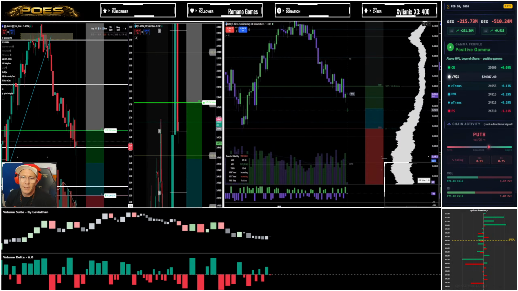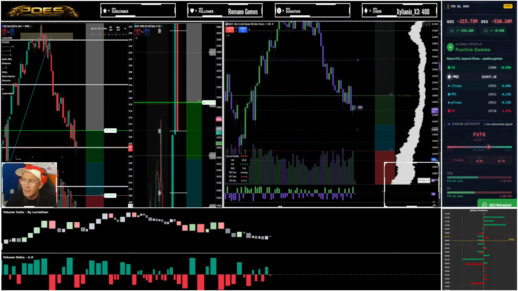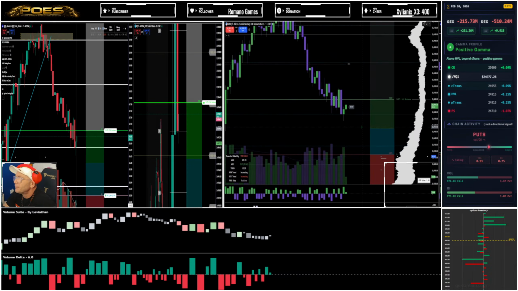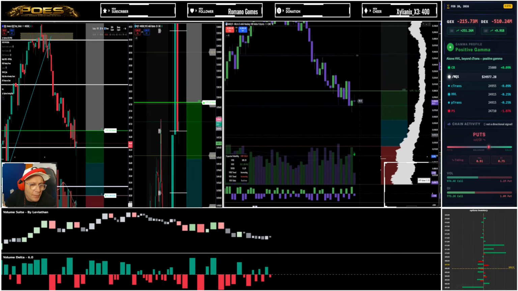So the M30 POES in effect right now. Will it play out today? It's right at the border there. 2,500. Depends on how these options start to stack out. Let's have a look here.